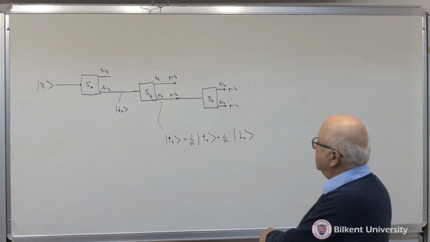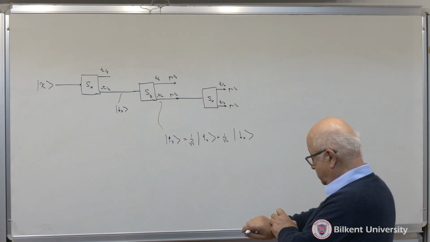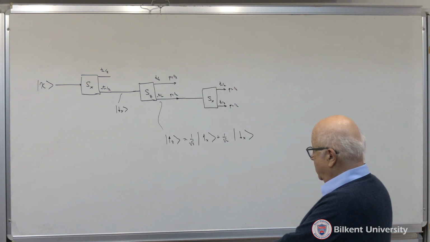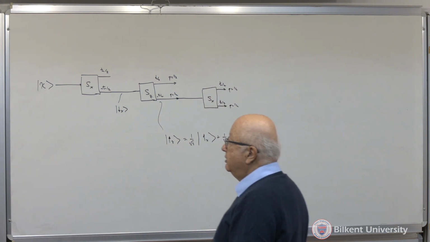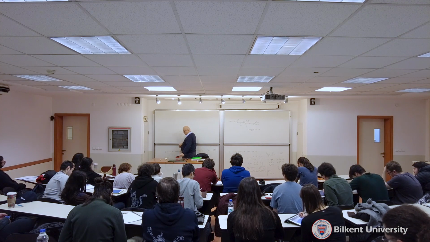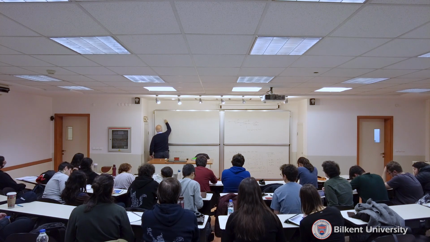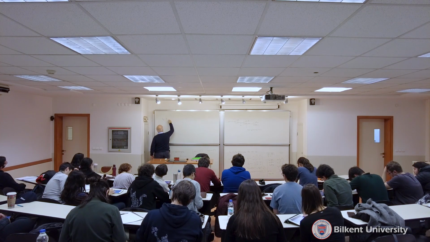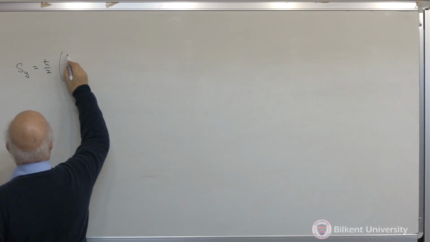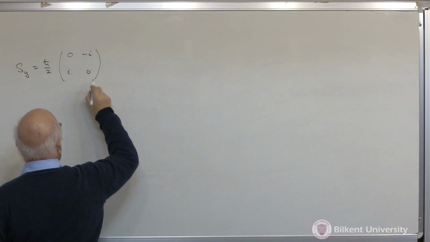Okay, just to be fair, let's do the Sy also. Yes, we have time. All right, so let's look at Sy. Sy is equal to h bar over 2 times this sigma matrix, which is 0 minus i, i 0.